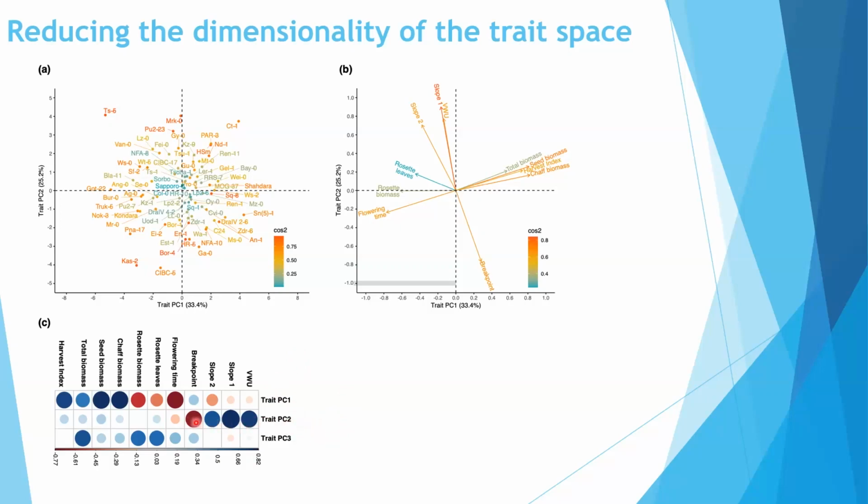The large circles are essentially the correlation coefficient to the principal component for the different traits. Trait principal component 2 is primarily defined by these four parameters, which are all to do with water use. The first three, vegetative water use, slope 1 and slope 2, are to do with how much water they're using, and the break point is essentially due to drought sensitivity.